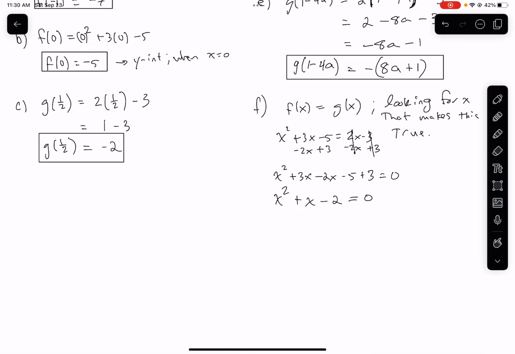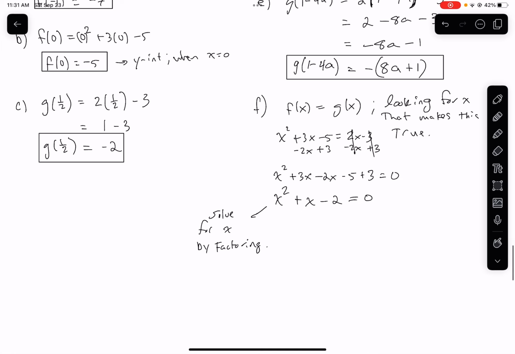Now we're going to solve this using our factoring skills, looking for the values of x that make this statement true. We're going to solve for x by factoring.